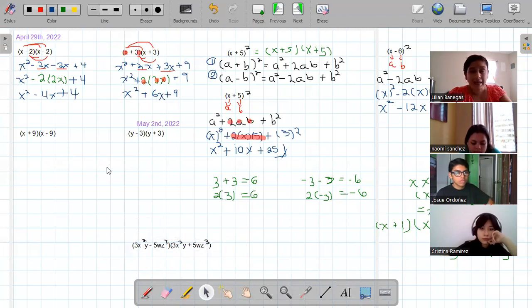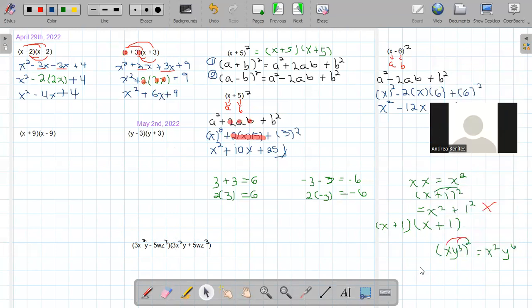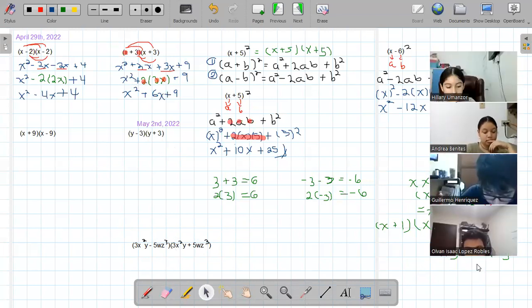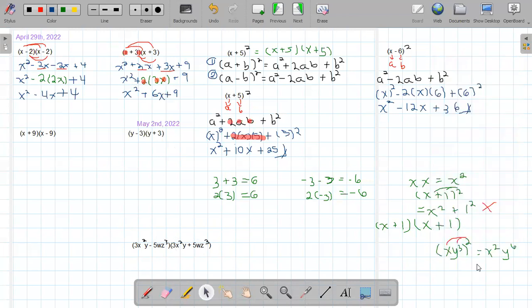Okay, so what can you notice that is common in all of those 3 exercises? What is the particularity of those 3 exercises? They have something in common, all 3.